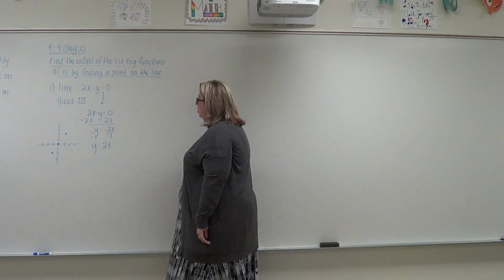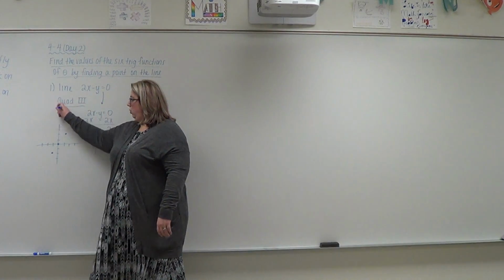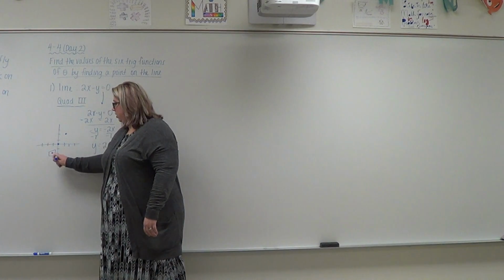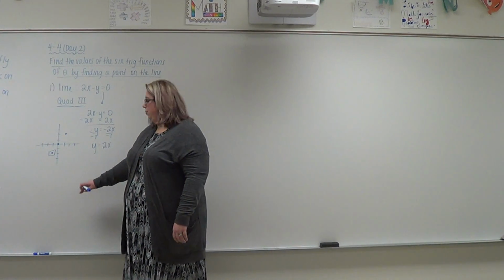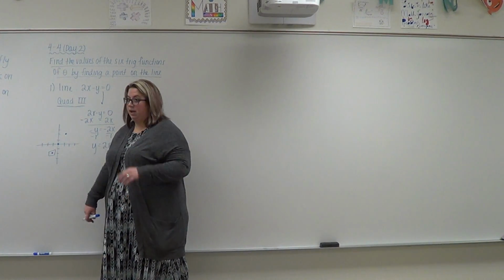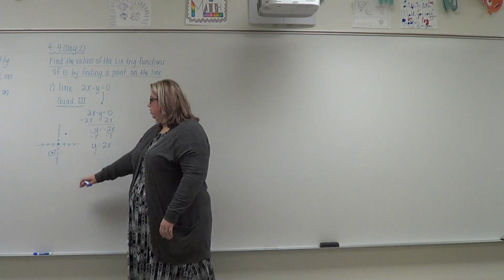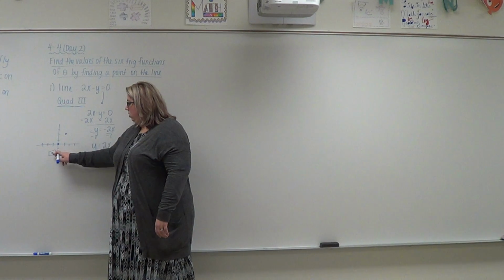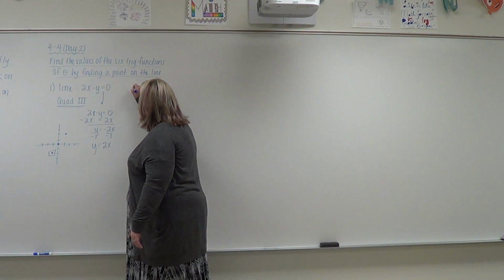Okay, since I want a point that's in quadrant 3, this is my point in quadrant 3. Now, if you want to find another point, go down 2, left 1 again, that's fine. I would just go with the first point you see. So this point is -1, -2.